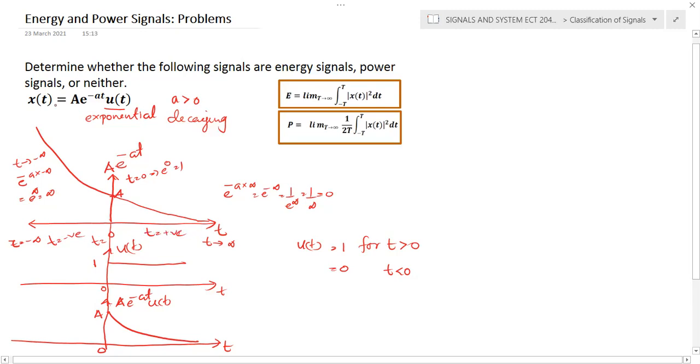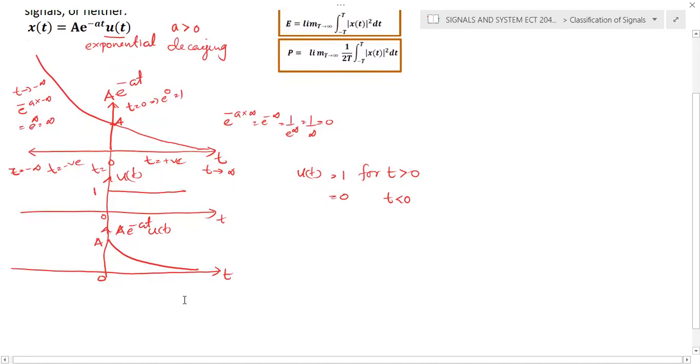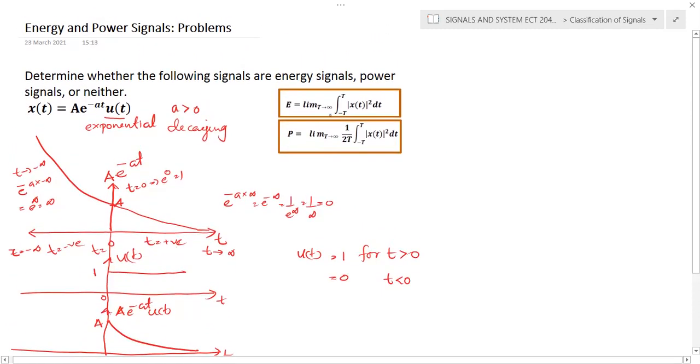But the given signal x of t, which is a e raised to minus at into u of t, exists only on the positive side, when t is positive. Now the energy formula is given by energy equal to limit T tending to infinity, integral from minus infinity to infinity, modulus of x of t the whole square dt.